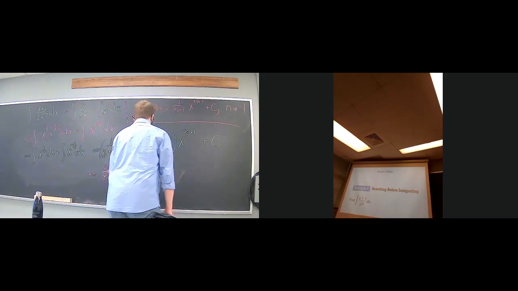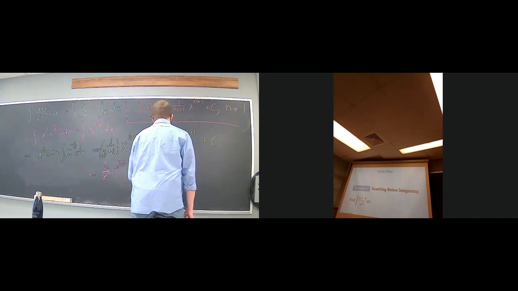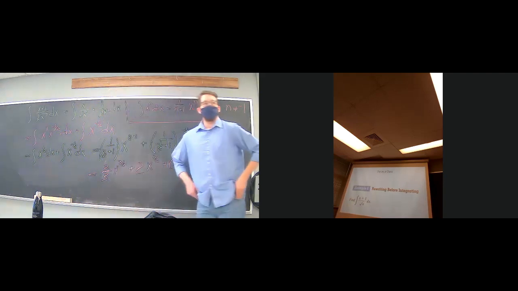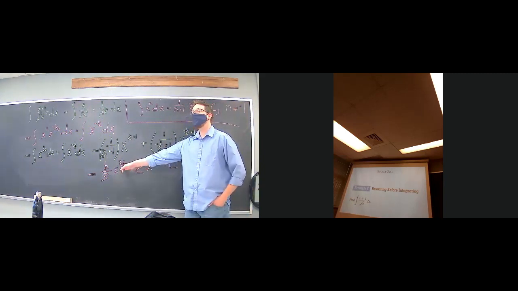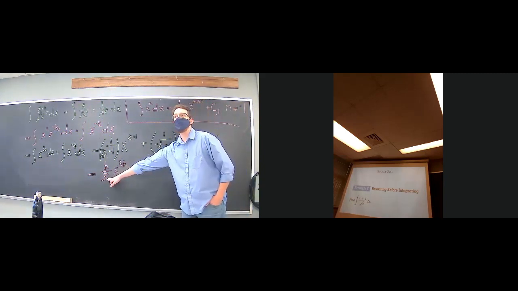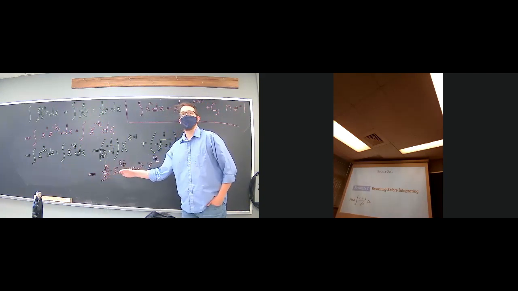When we do, this is going to come out to be 2 over 3 x to the 3 over 2, plus 2 x to the 1/2 plus c. This is n plus 1, then this is going to be 1 over n plus 1, right? And these are in fact the reciprocals of each other, so we know that it works. Make sense what I mean?